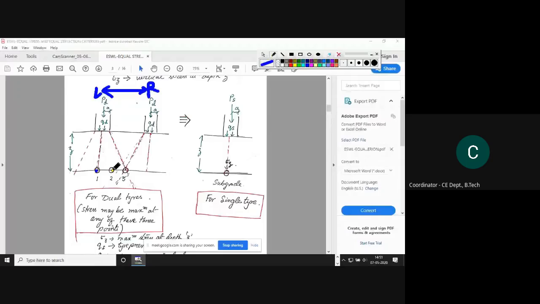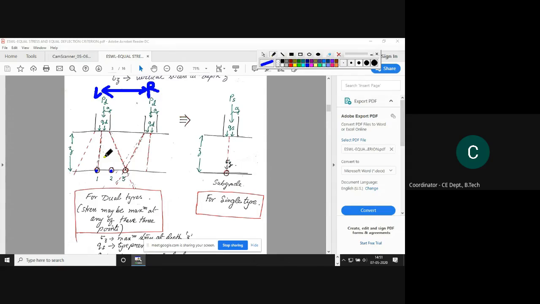So these are the 3 critical points. In many questions, they will not tell you the critical point values, that means they will not give the distances of points 2 and 3. So we have to assume that the critical points will be 1, 2 and 3. In some problems they will give you the point value.